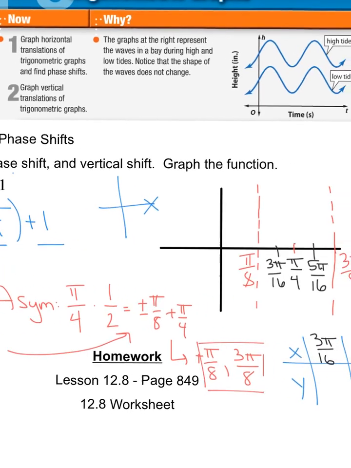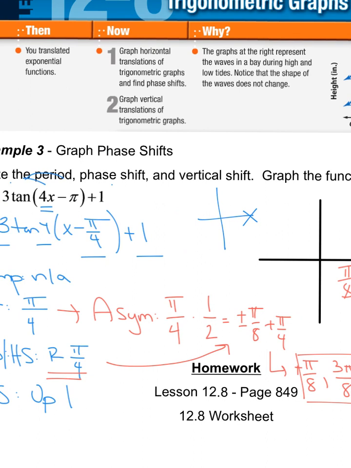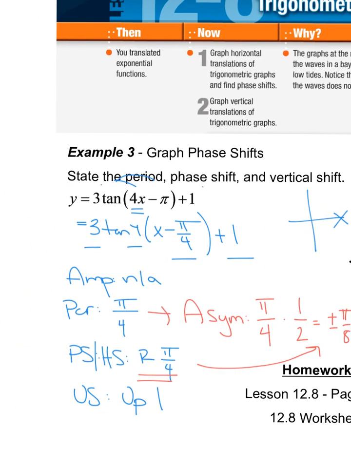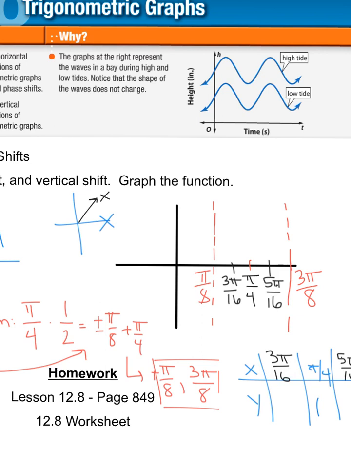So when I plug in 5 pi over 16 to my equation, 5 pi over 16 times 4 is 20 pi over 16, minus pi. It's going to be pi fourths. The tangent at pi fourths on the unit circle is 1. 1 times 3 is 3, plus 1 is 4.